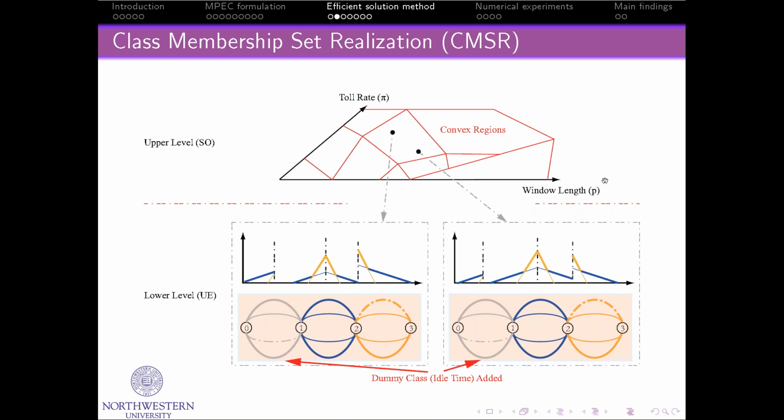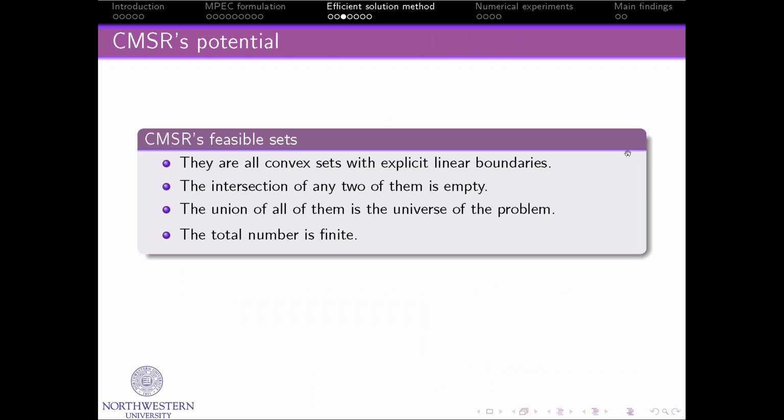So is the class membership set realization a good criterion to cut the upper level into small subproblems? The answer is yes. The CMSR's feasible sets are all convex sets with explicit linear boundaries. And also, each user equilibrium can only belong to one and only one of the CMSRs.